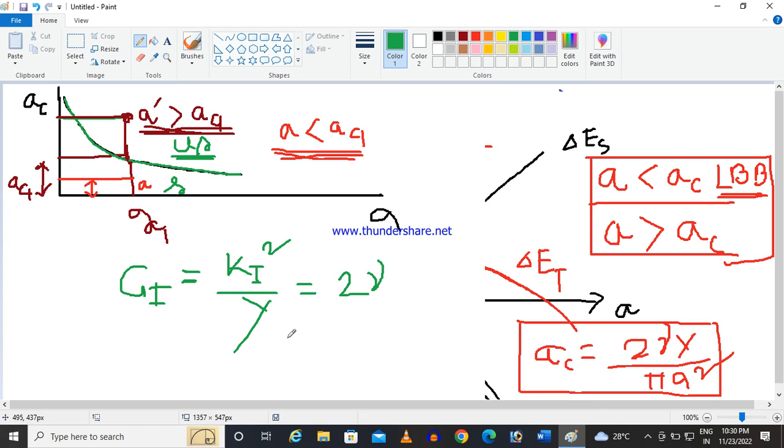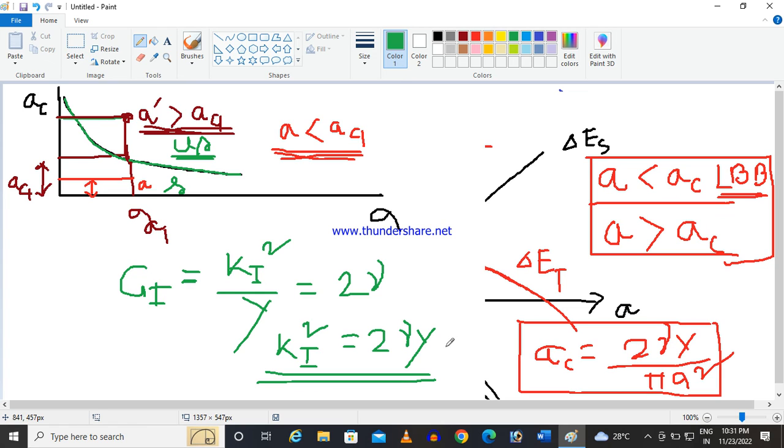Now my new variable K1 square is defined as 2 gamma times the Young modulus. This is termed as the stress intensity factor.